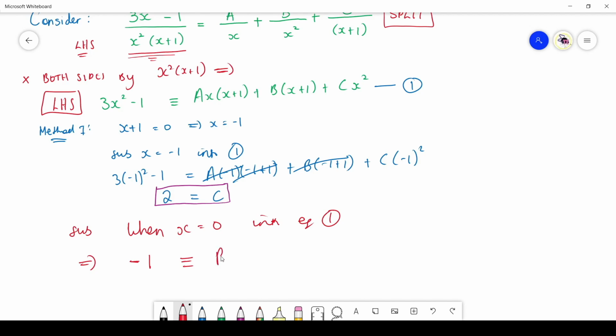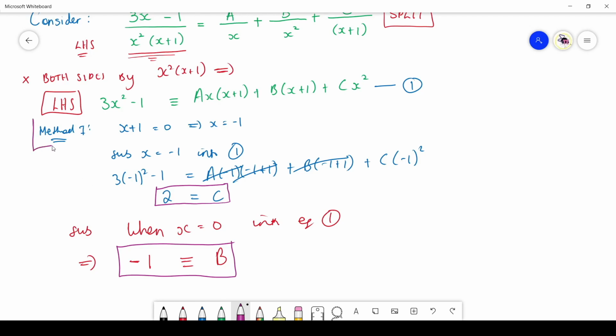So you'll just get b there. And then if x is 0, this also goes to 0 as well. So you end up getting b being equal to a value of -1. And boom, just like that, we got a second value for a different letter. So guess what? All we need to find is the value for a.